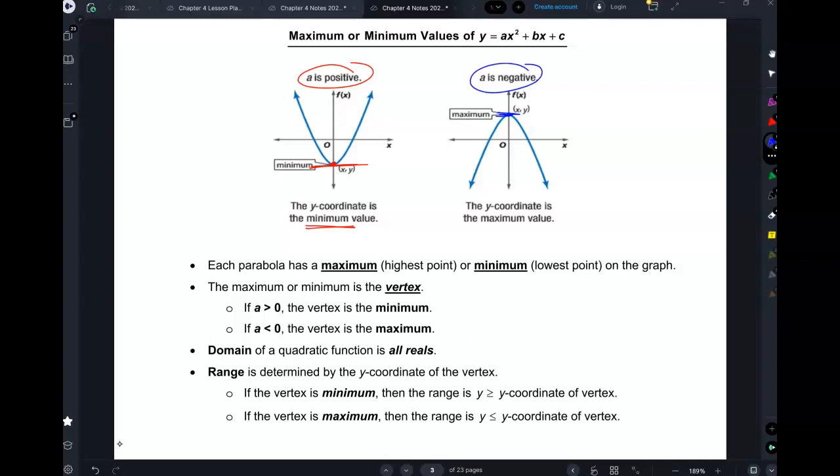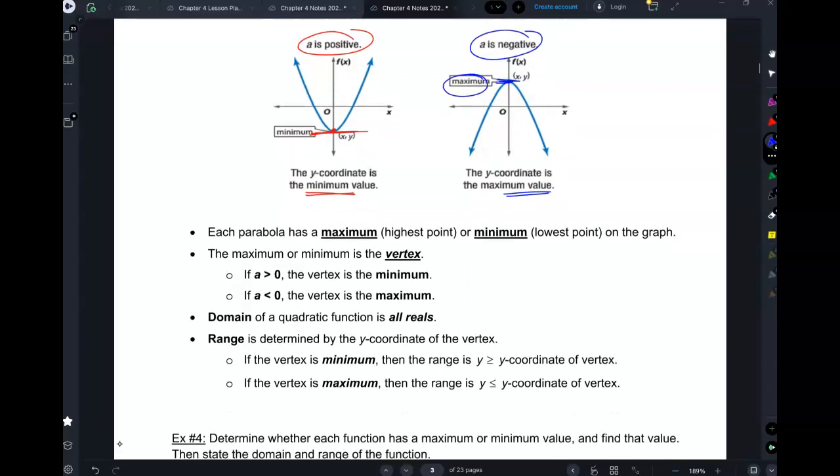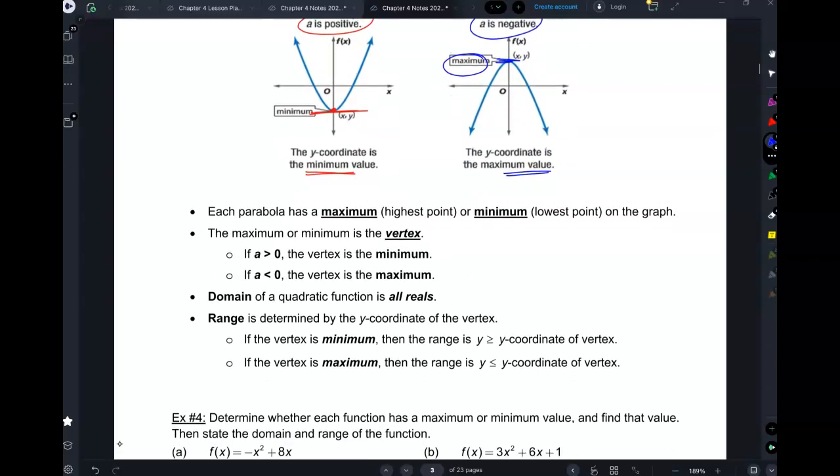We call that a maximum, right? So it all depends on the a, right? And I have it all laid out over here. So the vertex will be a minimum if a is positive, will be a maximum if a is negative.